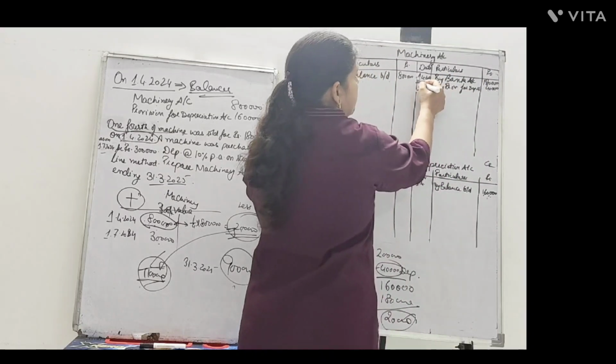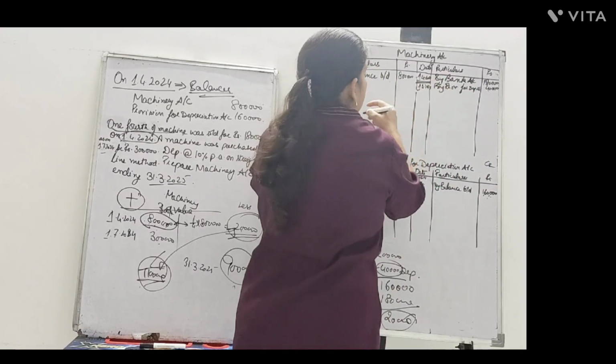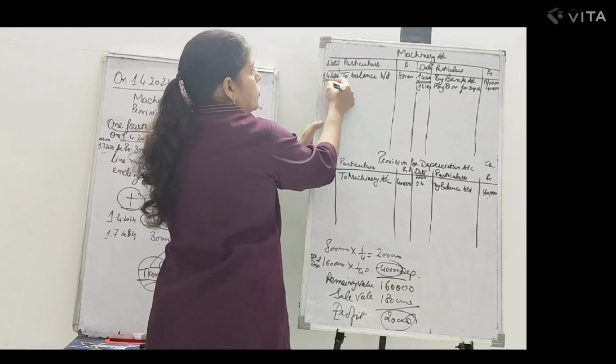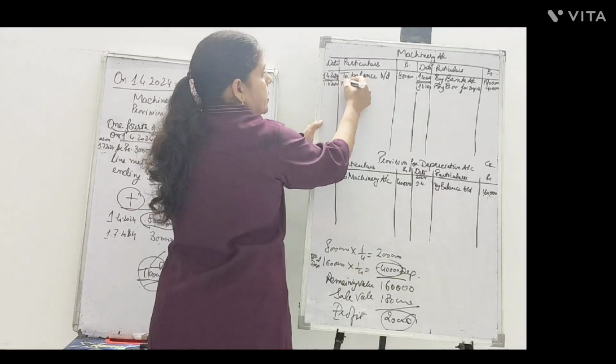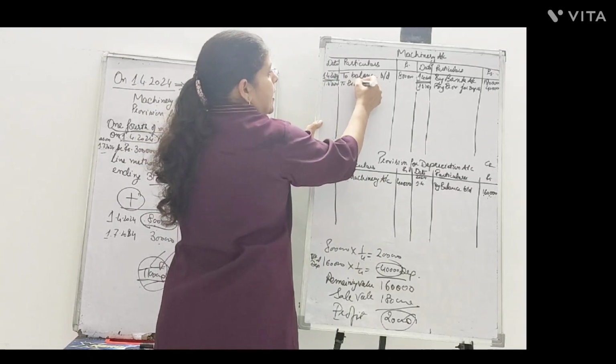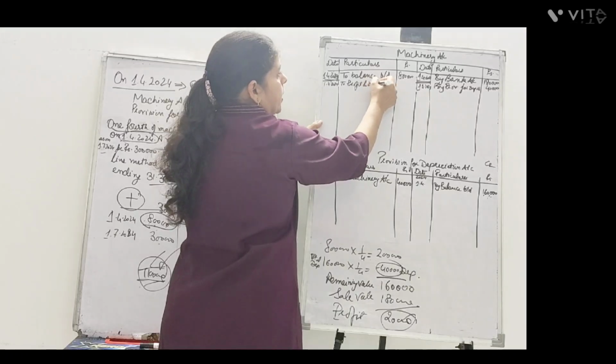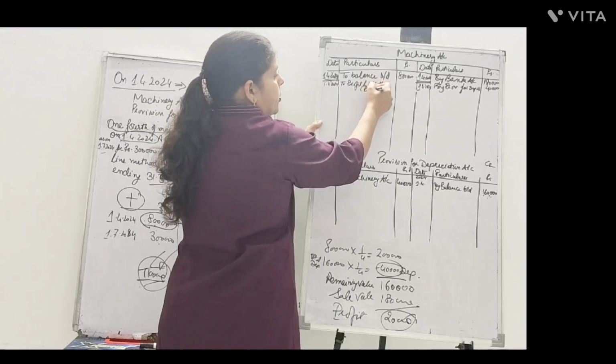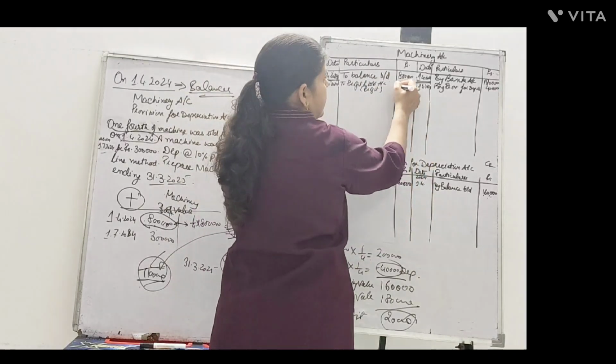And what was the profit on the sale? The profit on the sale would be taken to the debit of your machinery account, profit and loss account, and in the bracket we will write that it is a profit on the sale with rupees 20,000.